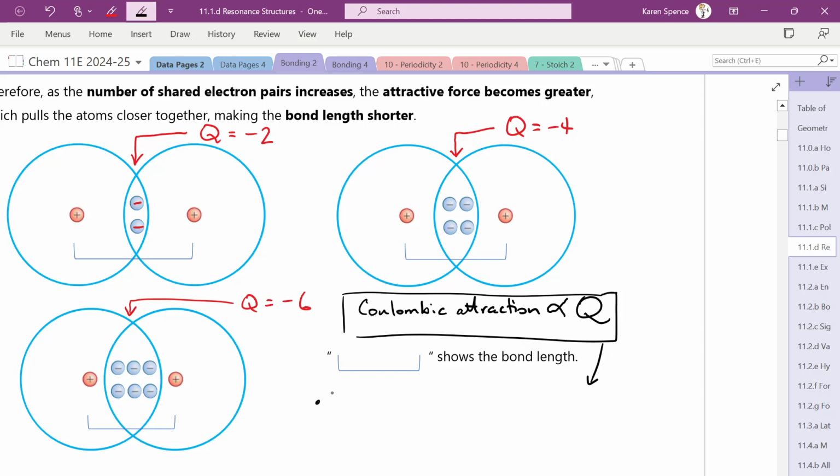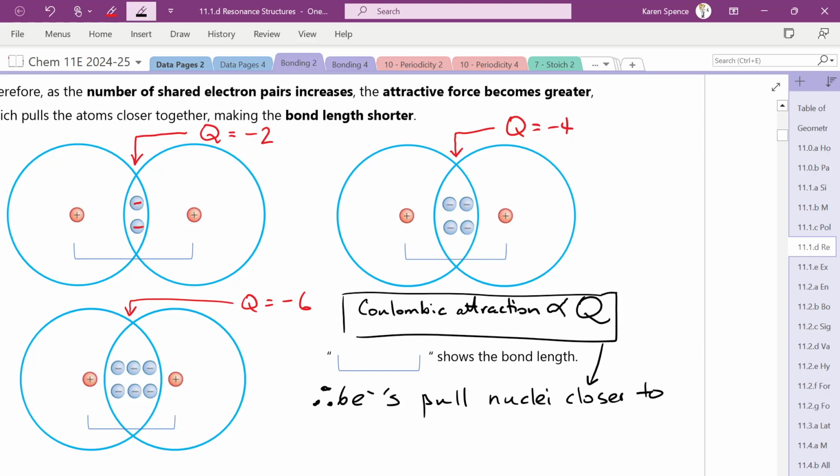therefore, the bond pulls the nuclei closer. The electrons pull the nuclei closer to each other. Or I should say 6 electrons pull the nuclei.